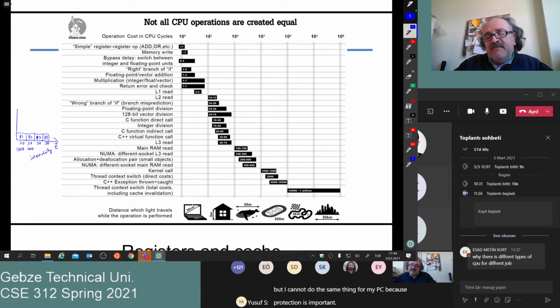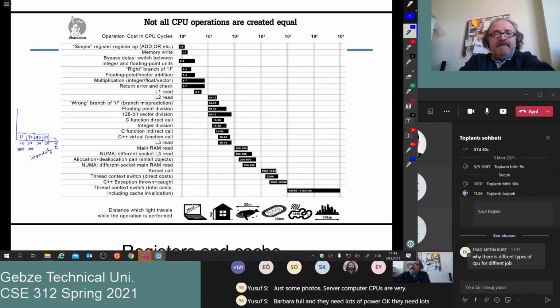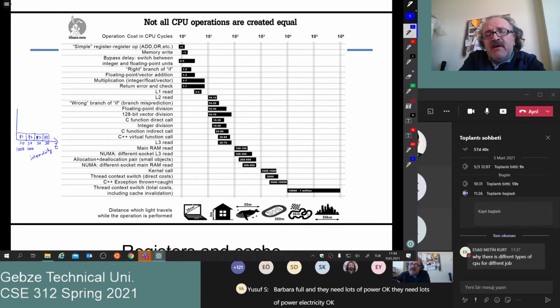So for a server computer, CPUs are very powerful and they need lots of power, electricity, okay? But I don't care. Why? Because my server rooms are very well equipped to draw this kind of power.